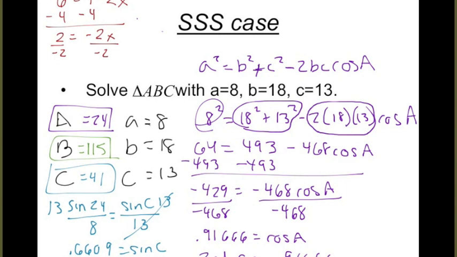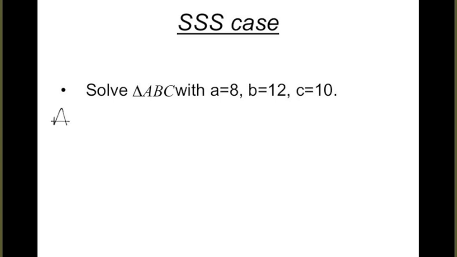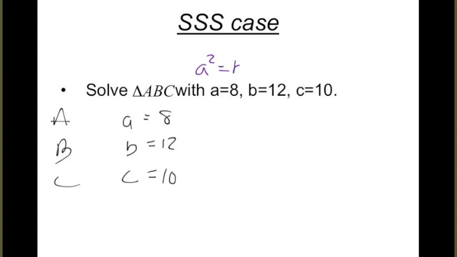All right, one more example of this. I'm just going to set this one out. Which angle do I want to go for first? A. So that means I'm going to use the law of cosines that has little a alone, and plug in what we know.